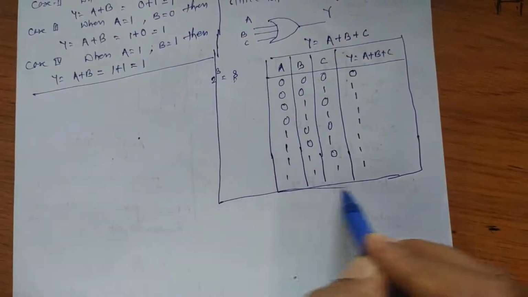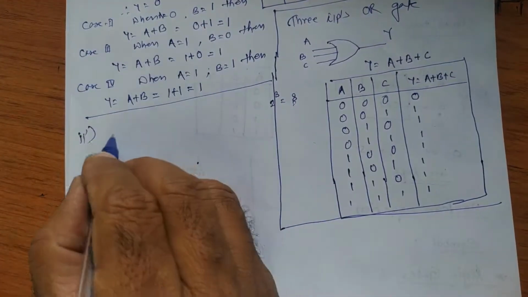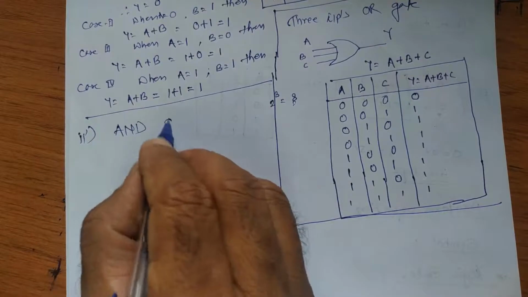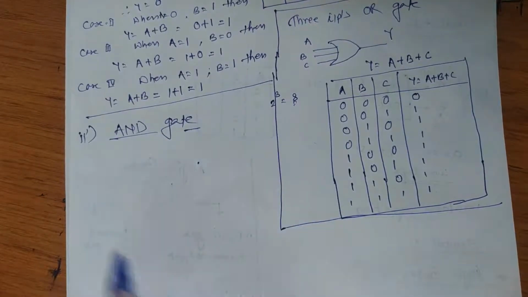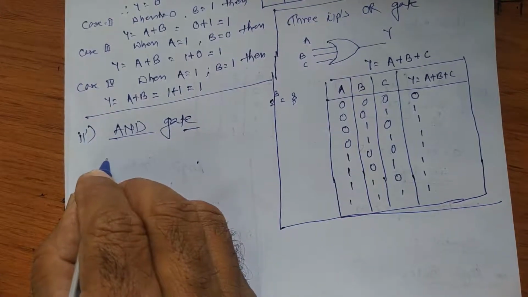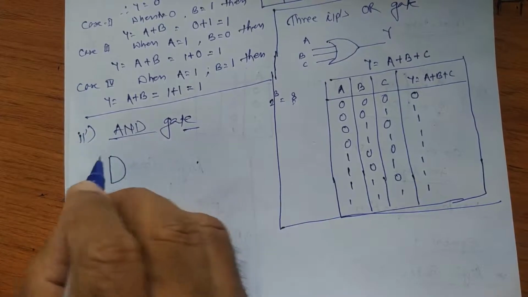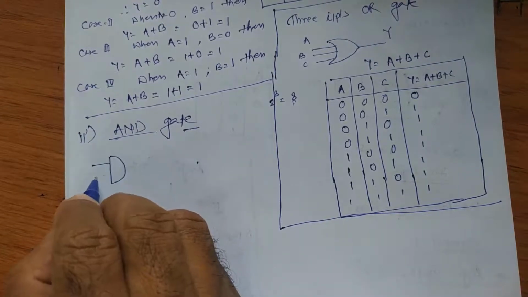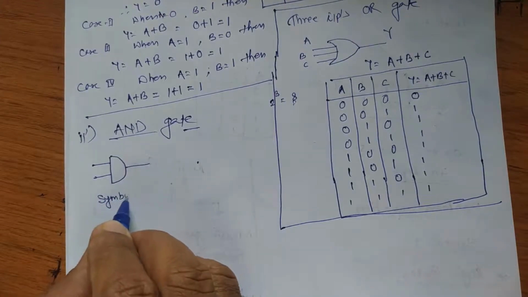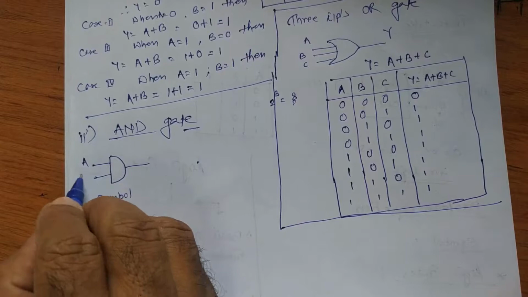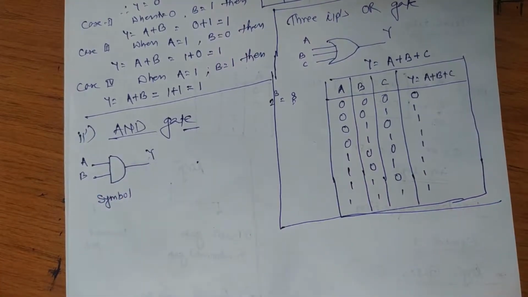Now we see the next gate, second, AND gate. Its logic symbol: A and B inputs, Y output.